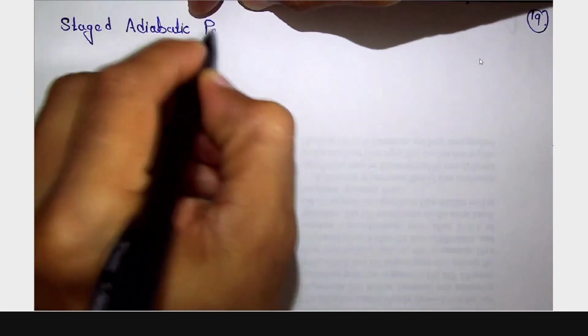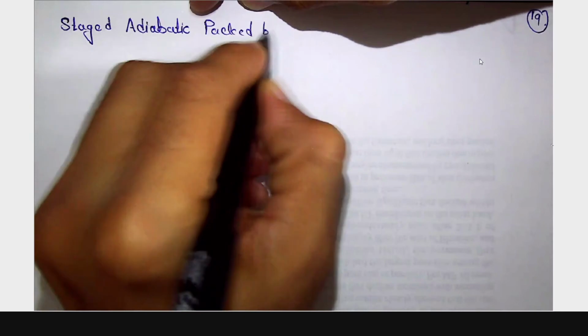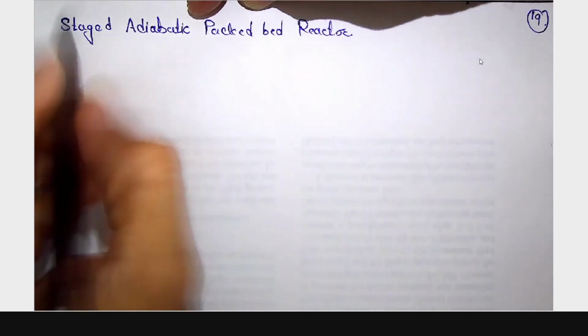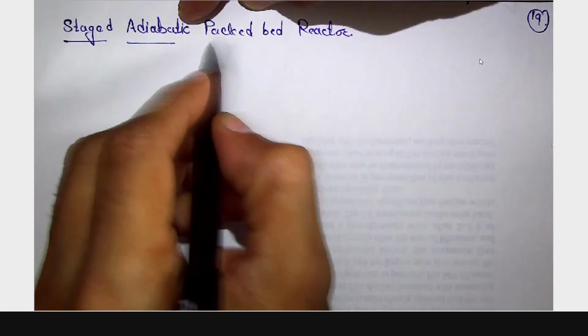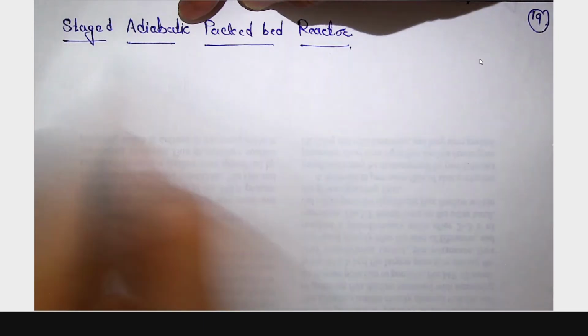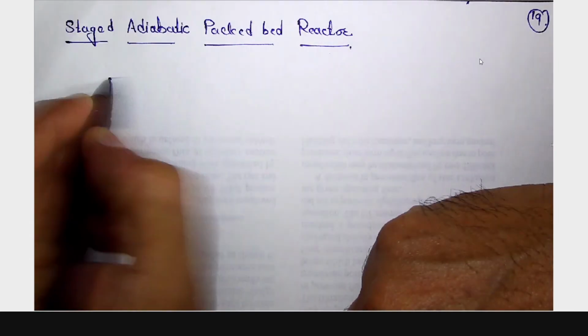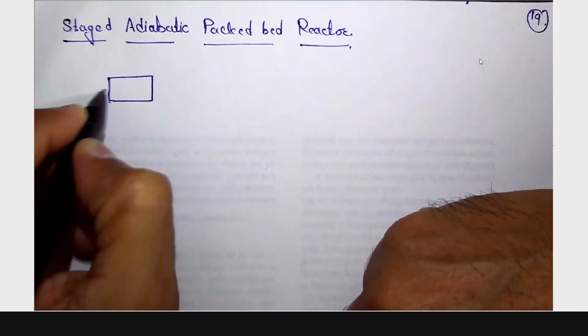That means suppose this is the one right here first. This is a stage. So in this case, stage, that means there will be different reactors which are in series.